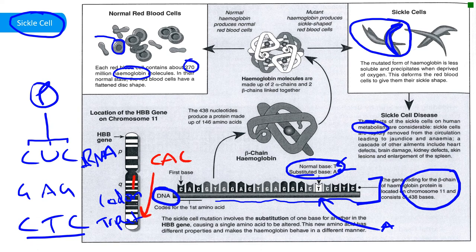The codon on mRNA would read GUG rather than GAG. And the chef, when he comes along, would read, well, you can work it out, CUC. So the chef's been told incorrect information.